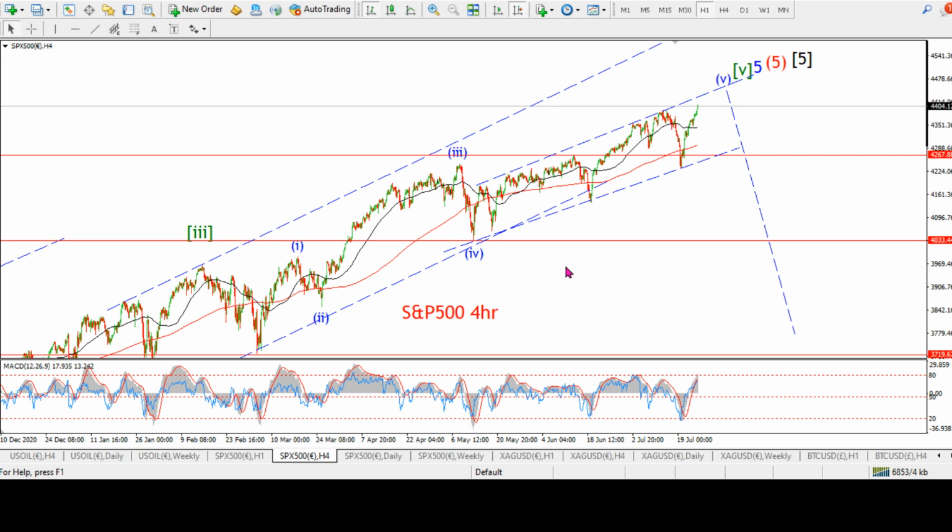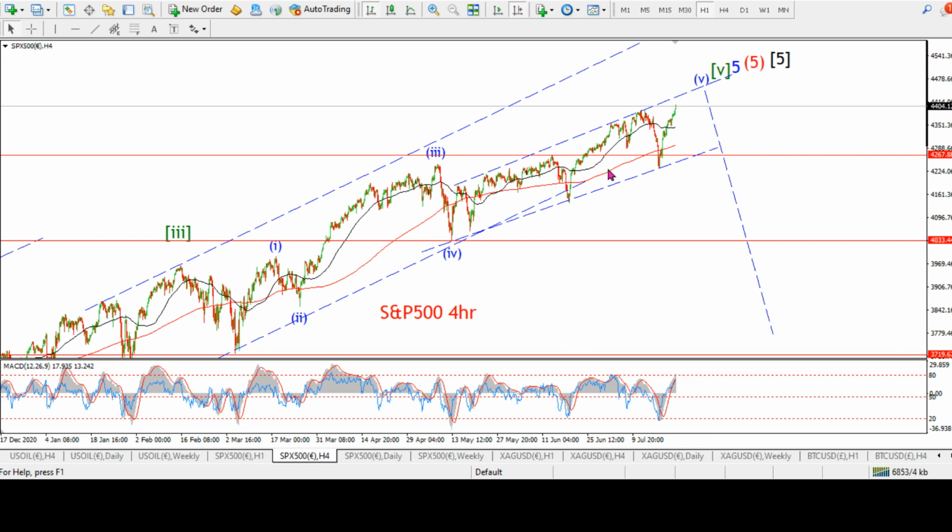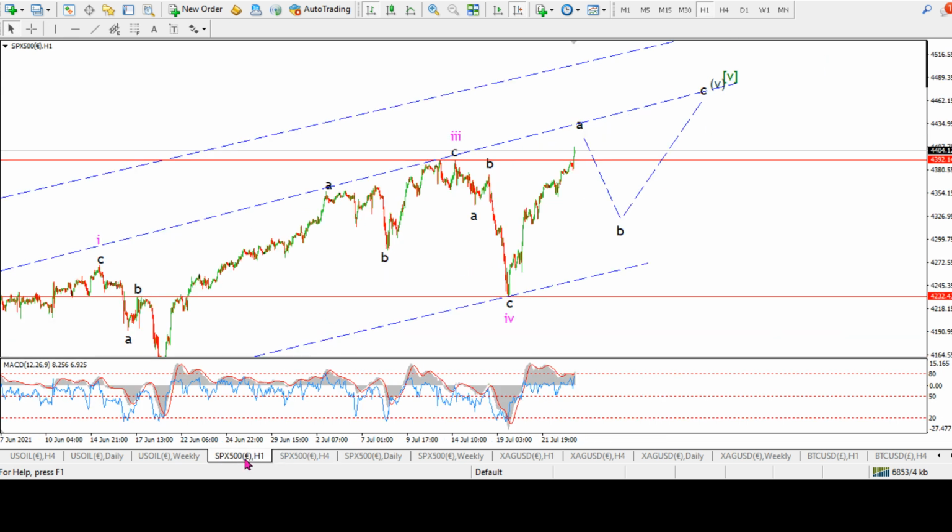Okay, S&P 4-hour count. I'm looking again at that ending diagonal that I just showed you in the Dow. So unless it's some sort of expanded wedge here, which would be the same thing, it's just the pattern actually expands rather than contracts. You can see we've got 1, 2, 3, 4, and wave 5 underway.